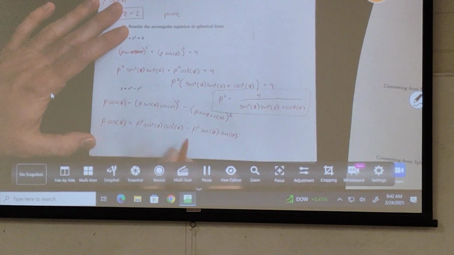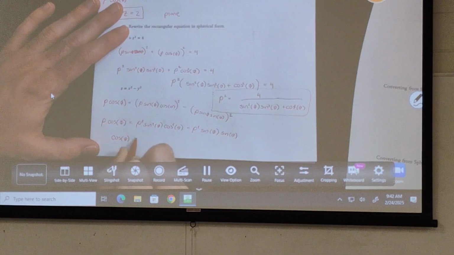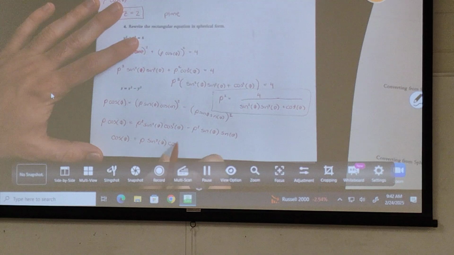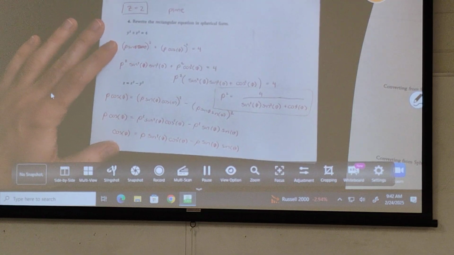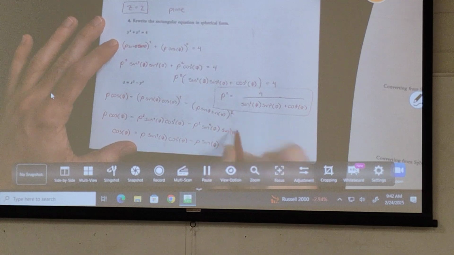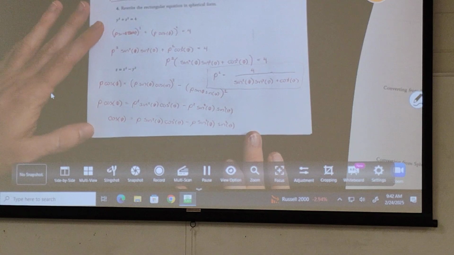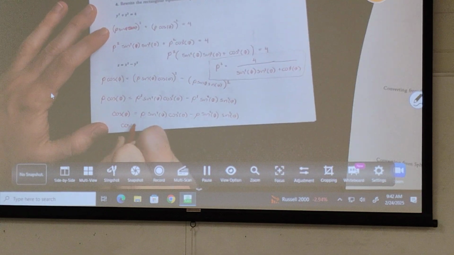Everything's got a rho in it, so I'm going to divide everything by rho. And both sides should be squared. And now we could do the same idea.